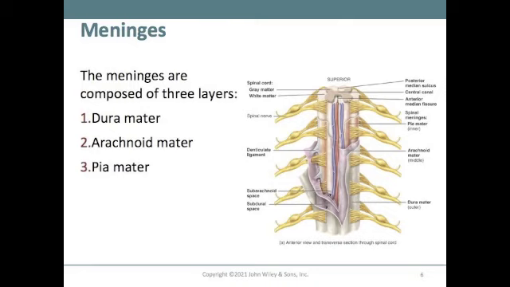Here's your spinal cord, and this is your gray matter, which I just mentioned, and then the white matter kind of surrounding it. Notice how the gray matter is sort of an H shape. And then you can see you've got these different layers, the outer or more superficial and middle, and then the pia mater is going to be more deep. You can see how they wrap around and protect the spinal cord.